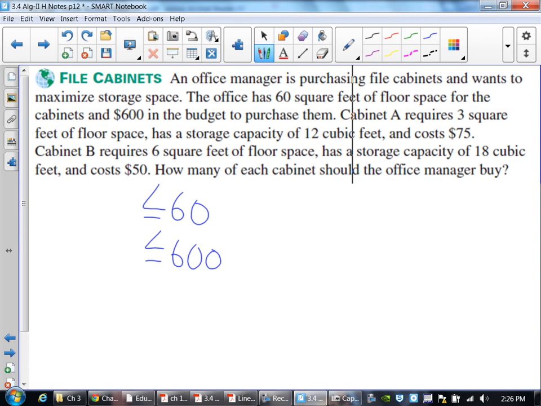So go back to the idea of maximizing storage space. How much storage space was in cabinet A? Reread that. It's 12. Storage capacity of 12 cubic feet. Floor space, it uses 3. You just got to be very careful as you read that.